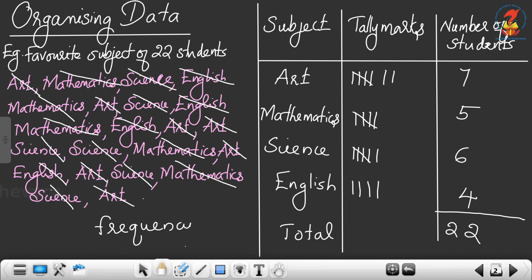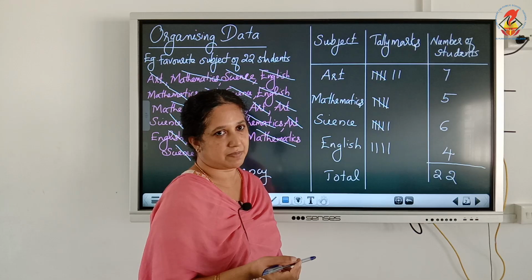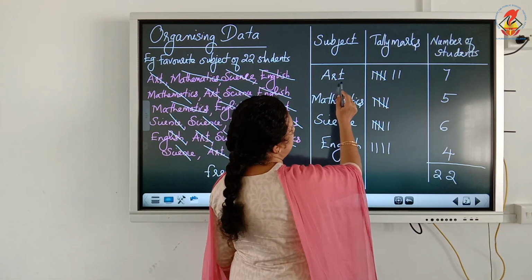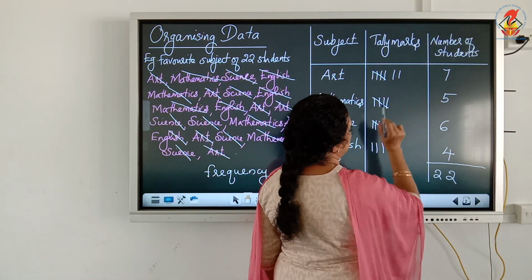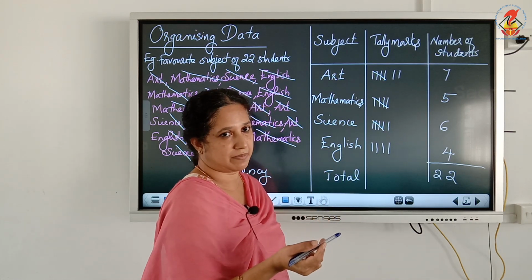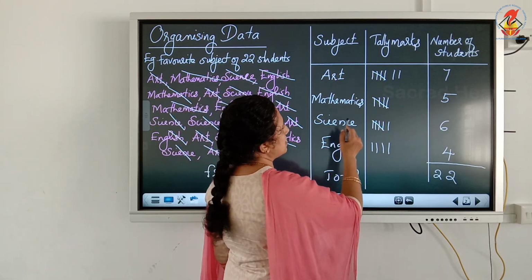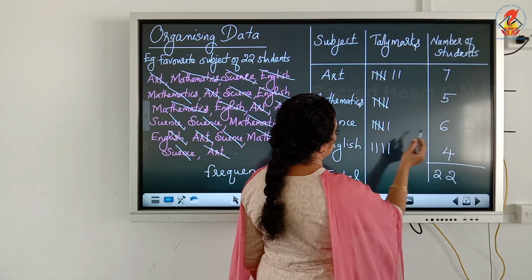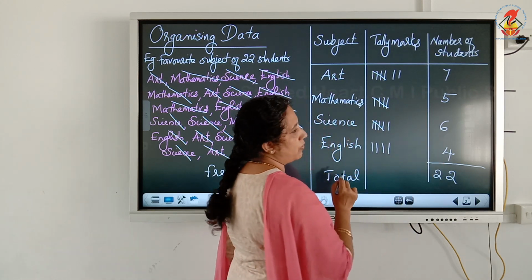Frequency means how many times a particular entry occurs. So the frequency of the subject art is 7. That means the subject art occurs 7 times. Then mathematics 5, science 6 and English 4.